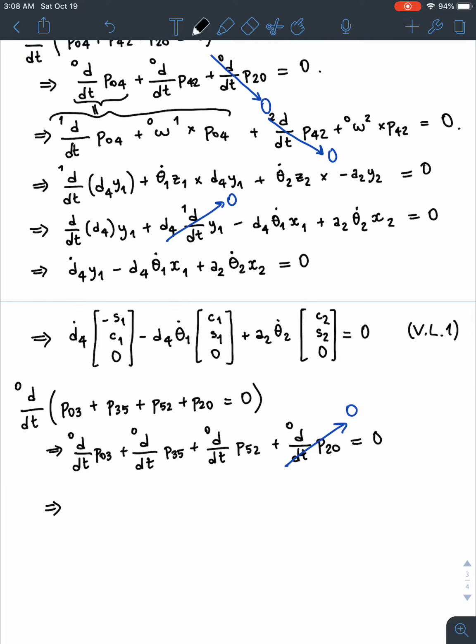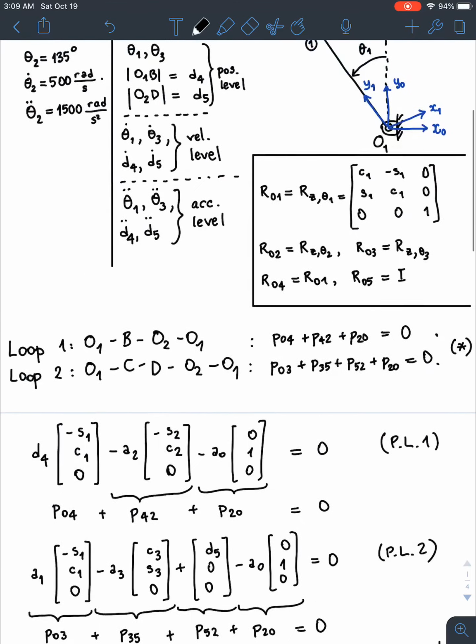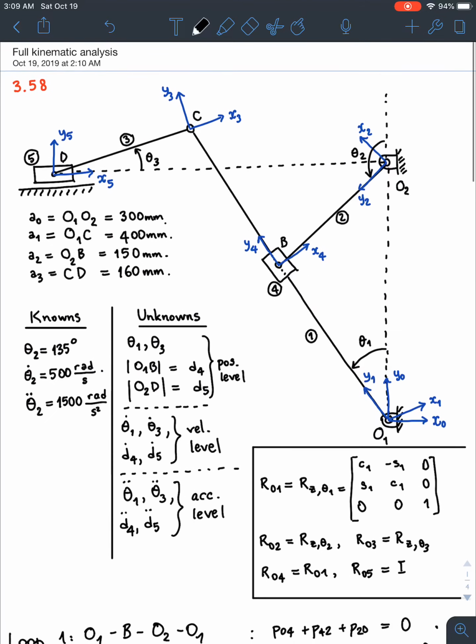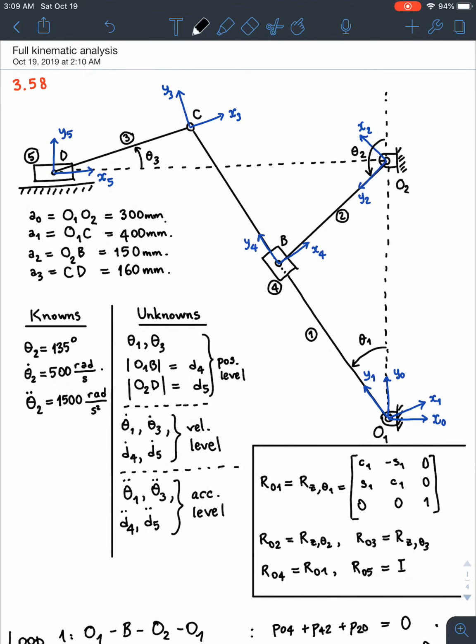The derivative of the vector p03 in the zeroth frame, though, I really want to use the differentiation in two frames formula again, because if you look at our figure, the vector p03 is the vector that goes from O1 to C, and that vector is fixed in the first frame. So if I take that derivative in the first frame, then it's going to be easy for me.